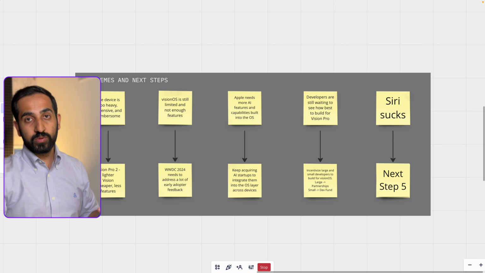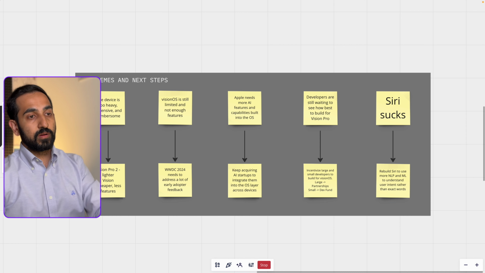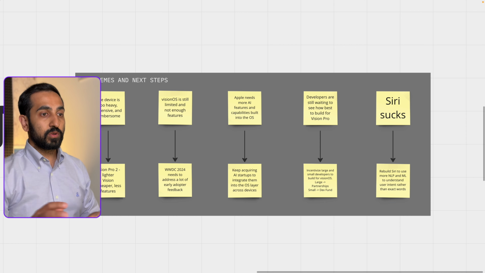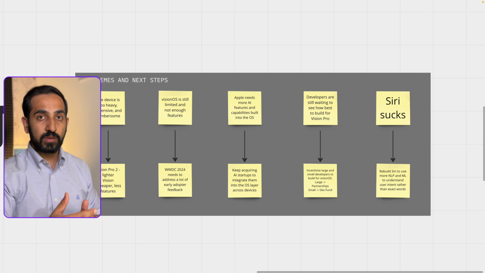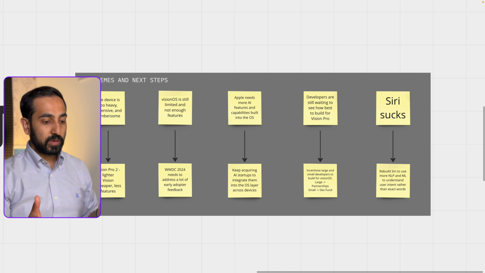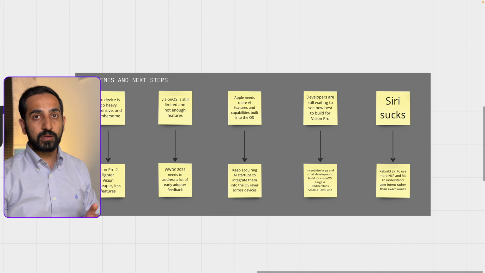Siri sucks. So what are we going to do about it? Well, we need to rebuild Siri to use more natural language processing and machine learning features to make it so that it understands the user's intent rather than getting stuck on the specific words and commands.